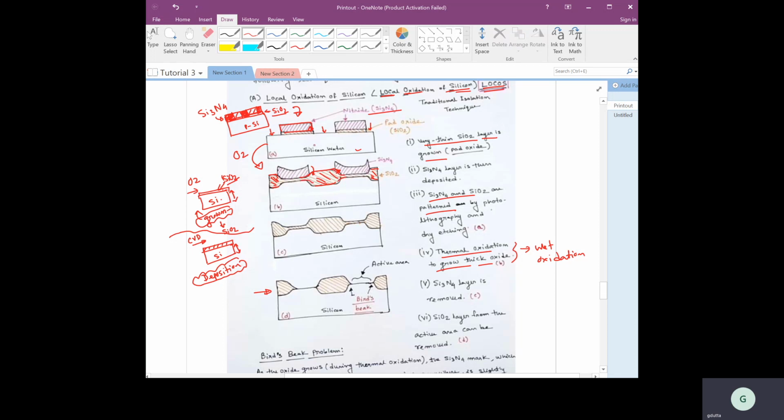It is not actually this shape, where here it is thick oxide, then thin oxide, then again thick oxide. It is not like this actually, but rather it is like this, quite gradual, right?